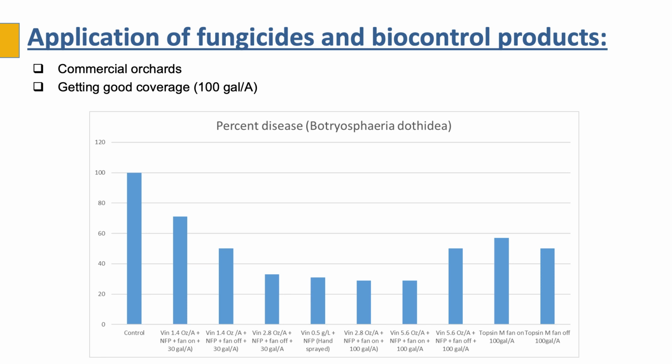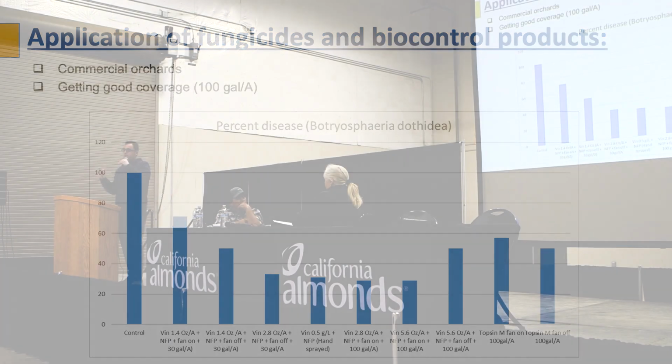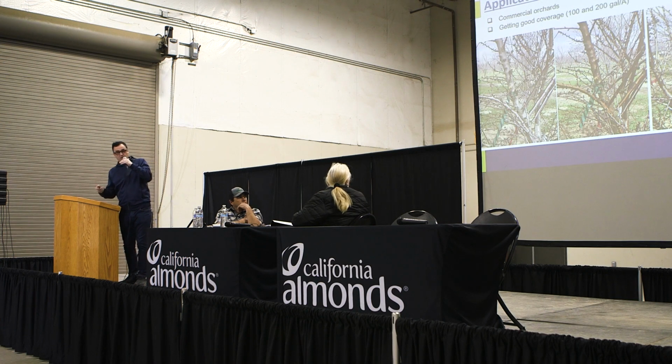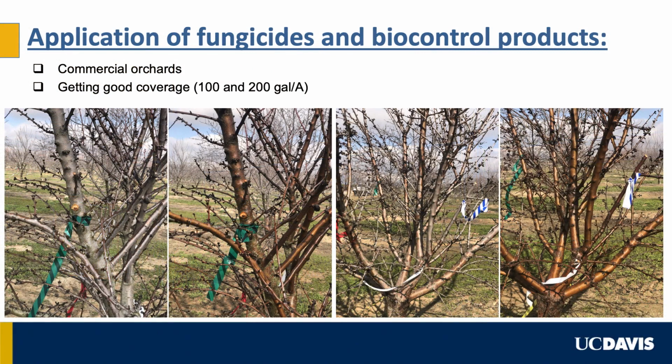It was not perfect control. We were able to lower disease incidence, but you could see even with Topsin, we still had up to 50% disease incidence. So what that tells us is probably we need to work with larger volumes. Now we're testing 200 gallons per acre to make sure that the pruning cut gets wet with the fungicide.